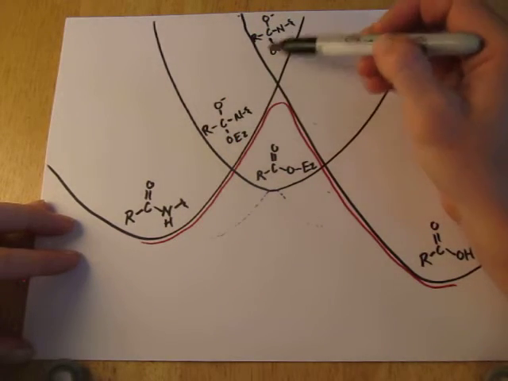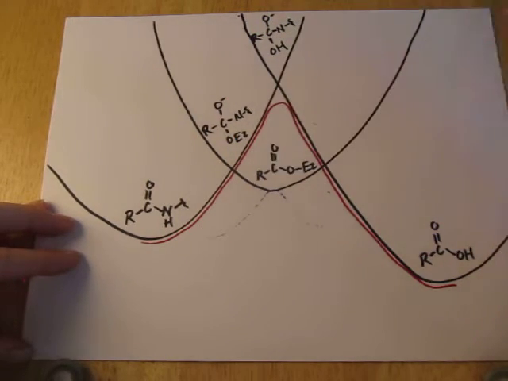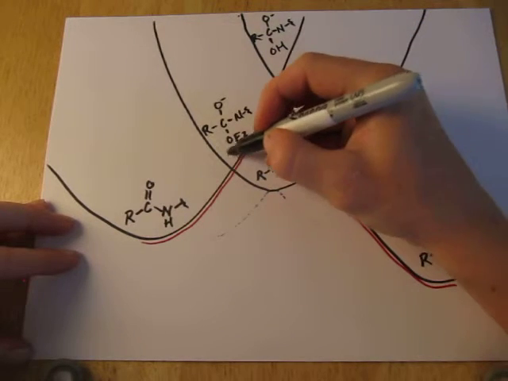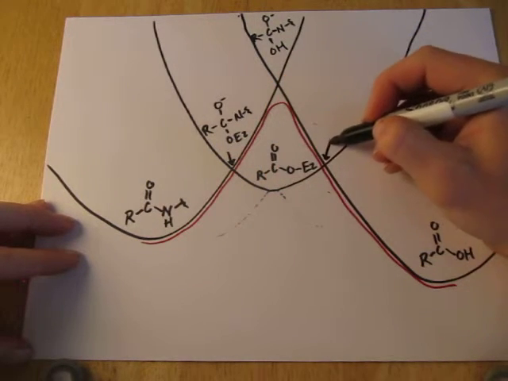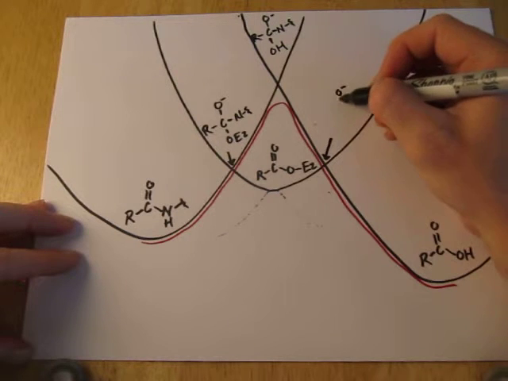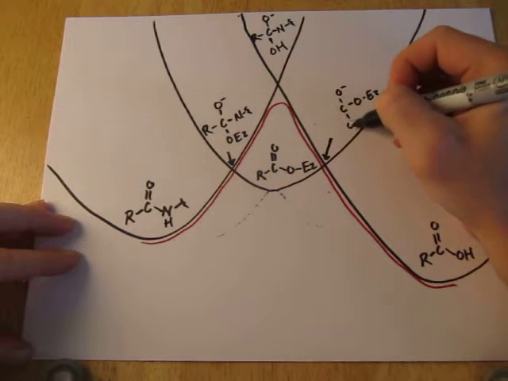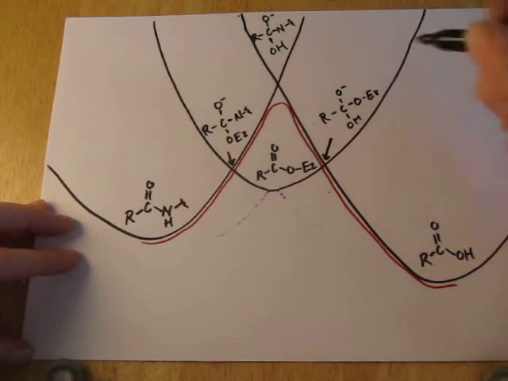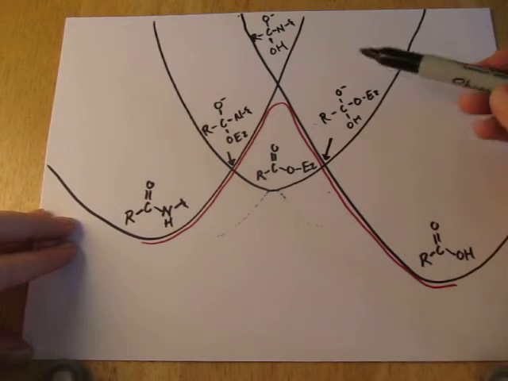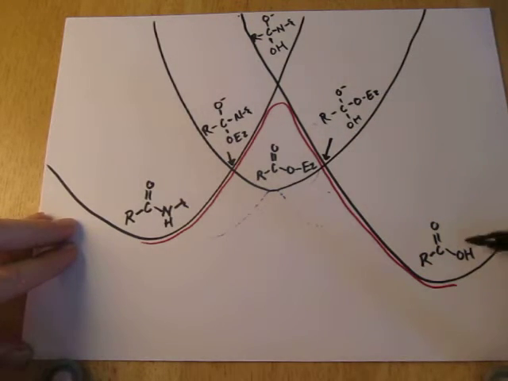So this looks similar to this, but it's lower down here, and here we have another transition state that looks similar, but it's bound to both the enzyme and the free OH, and it's a mixture of those two.